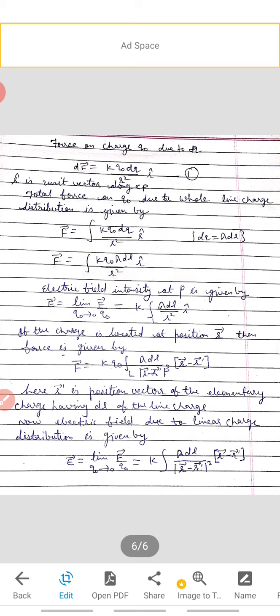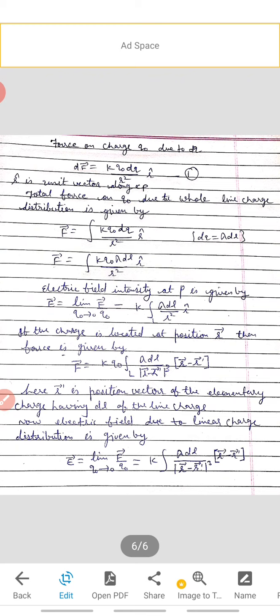Now to find the total force on q naught due to the whole line charge distribution, integrate the equation. Then we get F is equal to integration of k q naught dq divided by r square r cap. Now put dq is equal to lambda dl. Then we get F is equal to integration of k q naught lambda dl divided by r square into r cap.